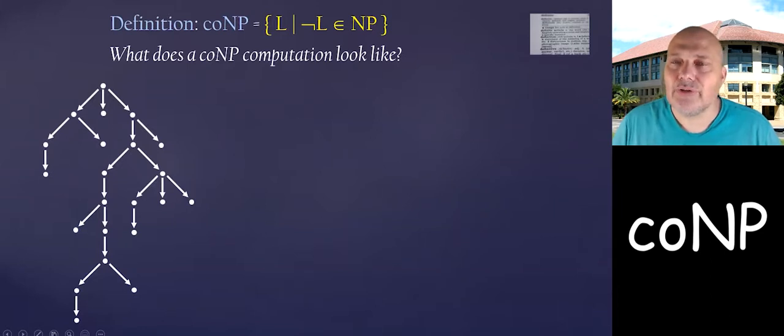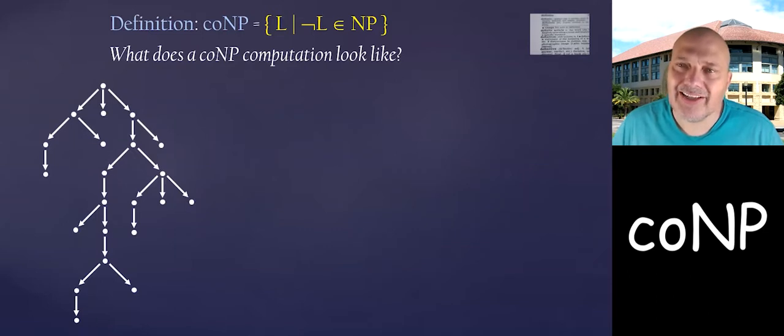But we can also think about it directly and ask, how does a co-NP computation look like? Like an NP computation, you have many paths because we are looking at the complement of an NP machine. It can make many guesses. But a co-NP machine says that for this x, none of these paths lead to accept.